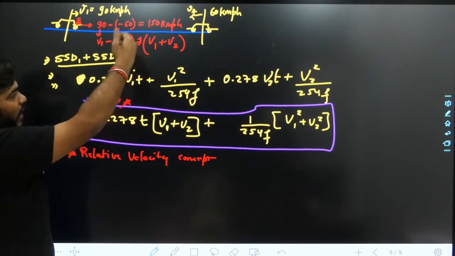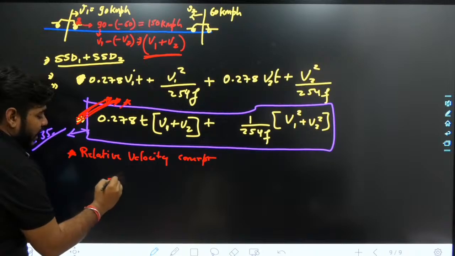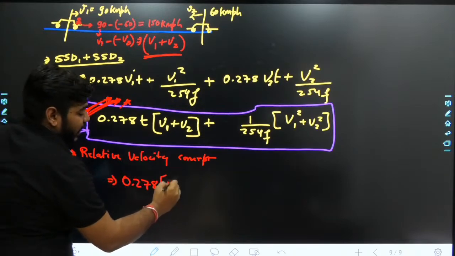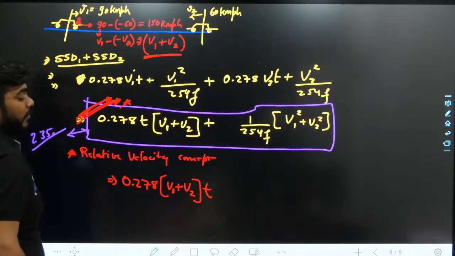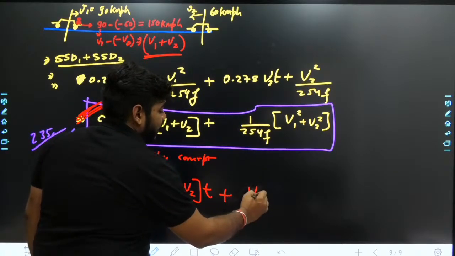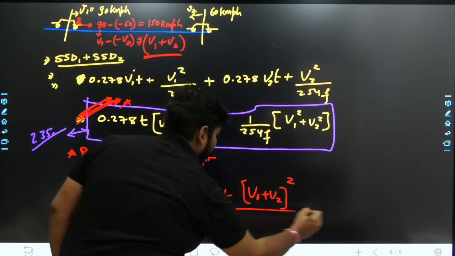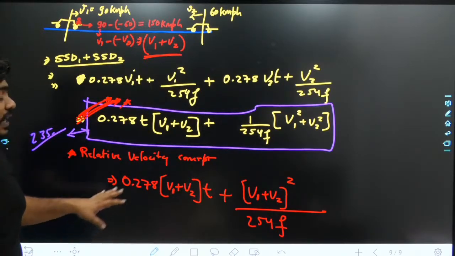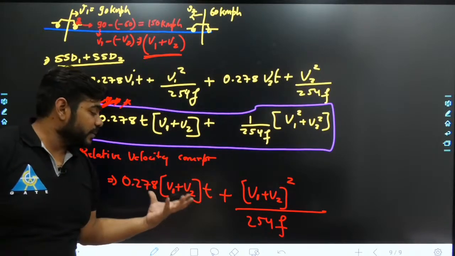So you can write 0.278 multiplied by V1 plus V2, because this is the combined velocity, multiplied by time t, plus V1 plus V2 whole square divided by 254 multiplied by F. This is the equation you will get with the help of the relative velocity concept.